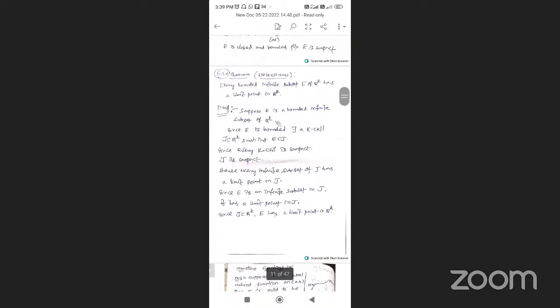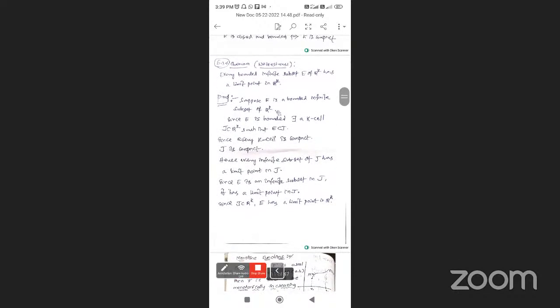Next is 6.3.6, the Bolzano-Weierstrass theorem. Every infinite subset E of R^k has a limit point in R^k. Suppose E is a bounded infinite subset of R^k.